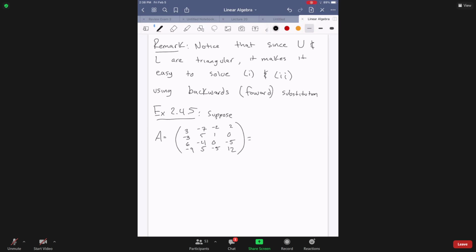And suppose its LU factorization was this. So 1, -1, 2, -3, 1, -5, 8, 1, 1, 3, and then 1.